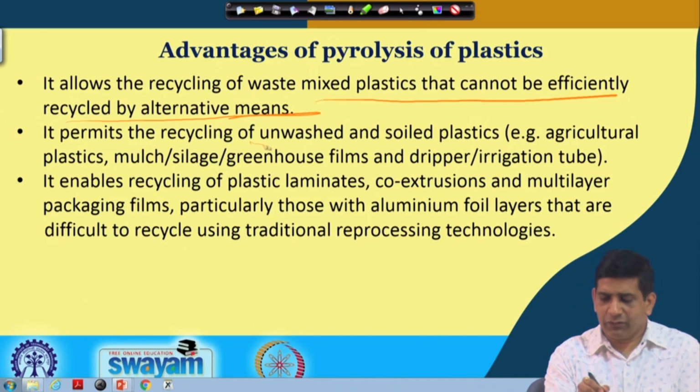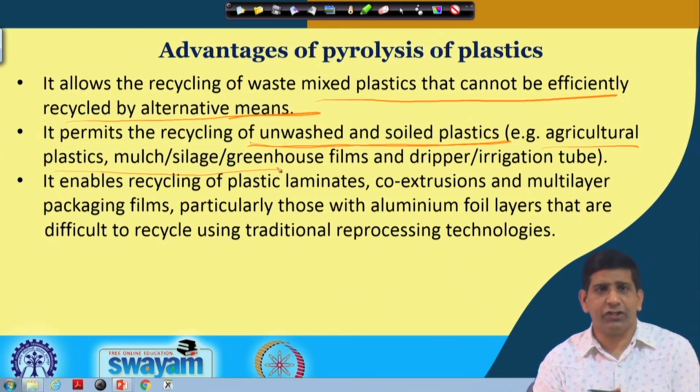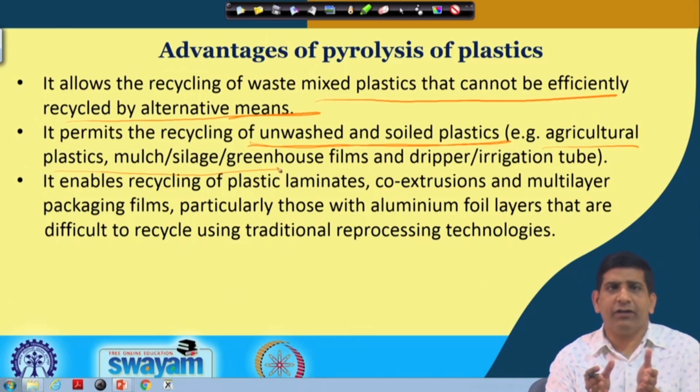And we can also do it for unwashed and soiled plastic, like agricultural plastic mulch, silage, greenhouse films, drippers and irrigation tubes. Anything which has some soil or dirt attached, we can use that too.